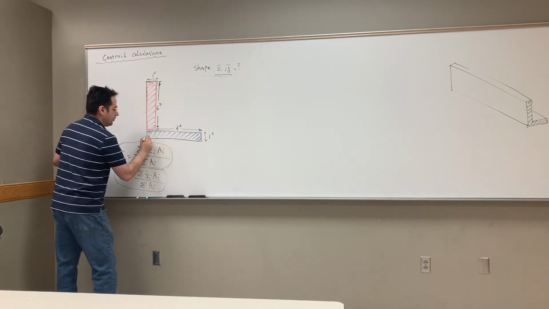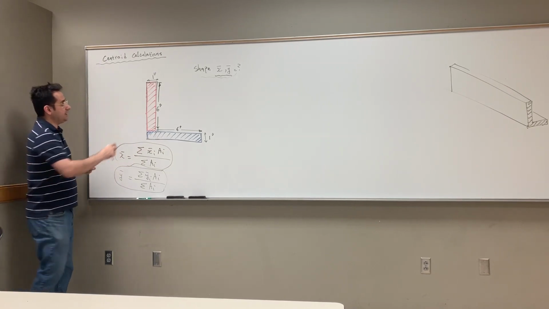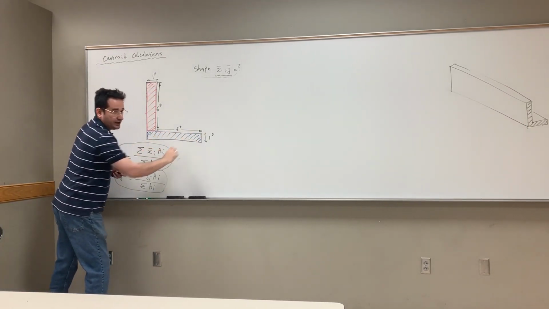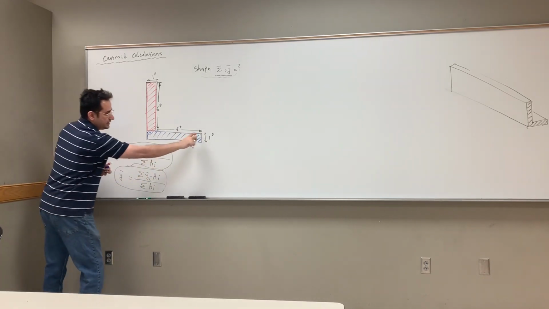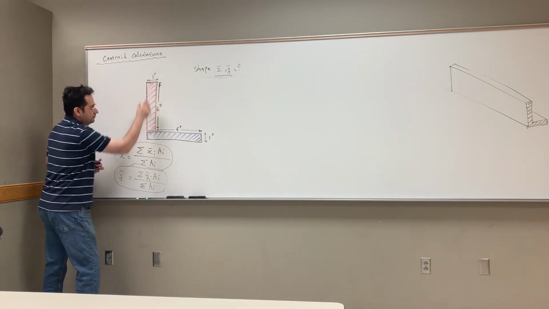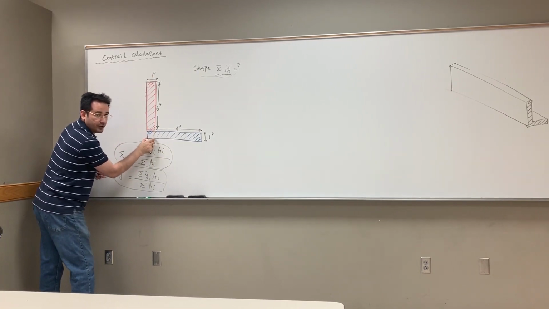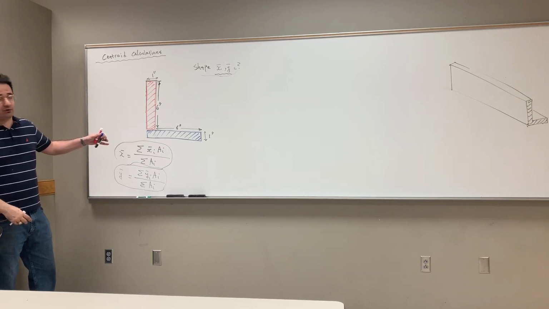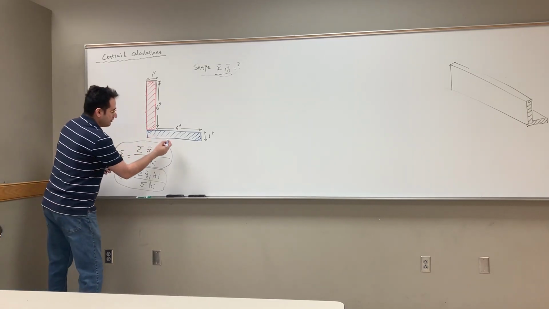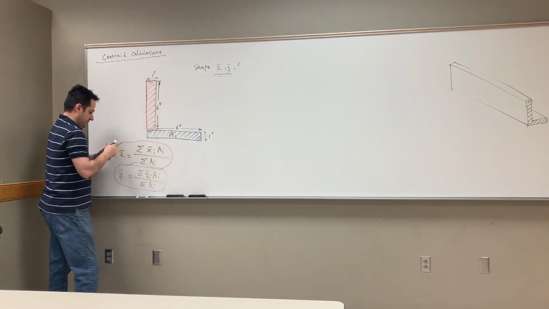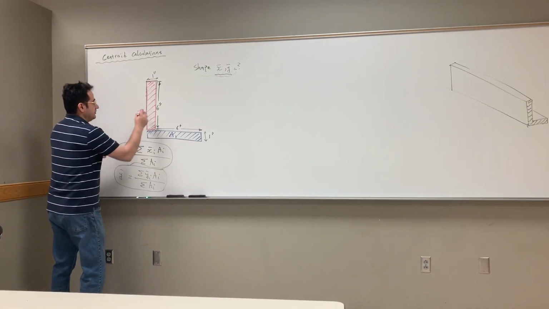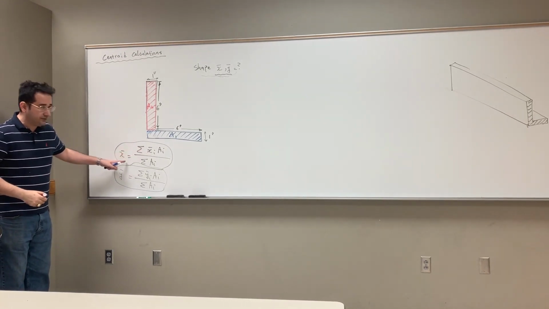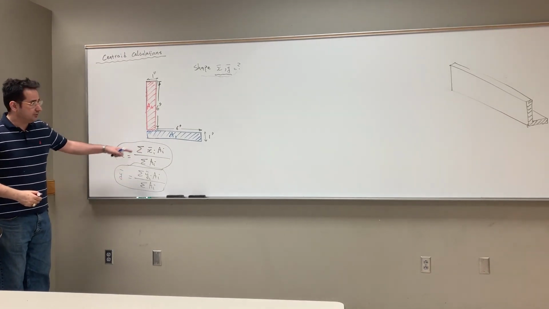Again, it's your choice. You can take this entire thing as A1 and this part as A2. Or you can take this part A1, A2, and this tiny square here A3. You don't have to do this. So I take this A1 and this sub part A2. Now, all I need is to find each individual thing in the formula and plug it in.